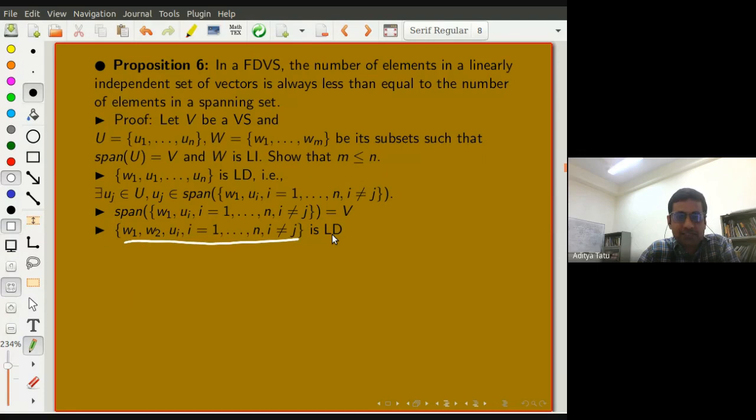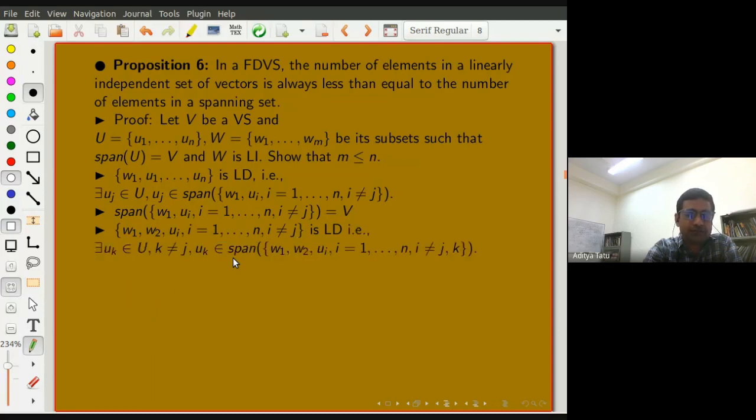And if this is linearly dependent, there will again be some vector in the u's, let's say u_k, such that u_k will be in the span of the remaining vectors. So there exists a u_k, where k of course is not equal to j. u_j is something we have already eliminated.